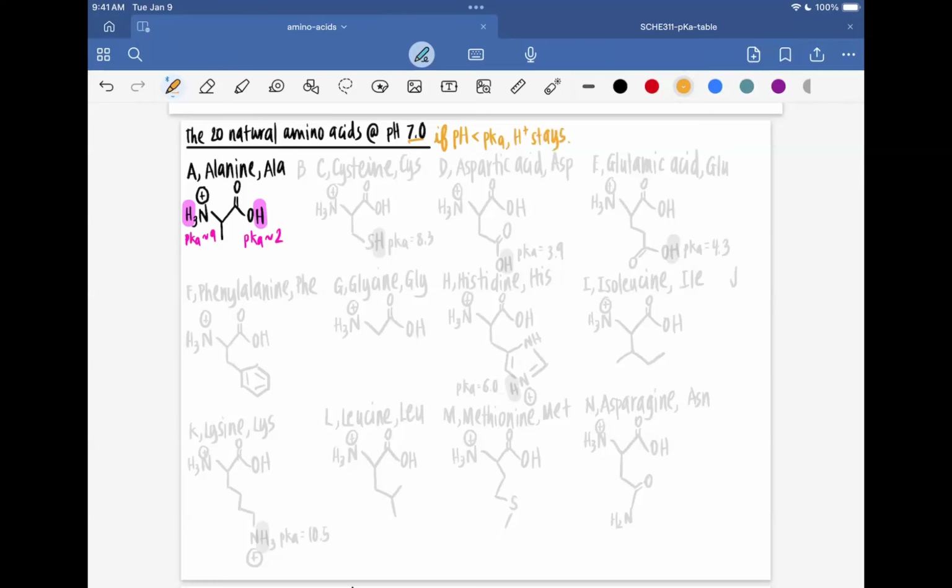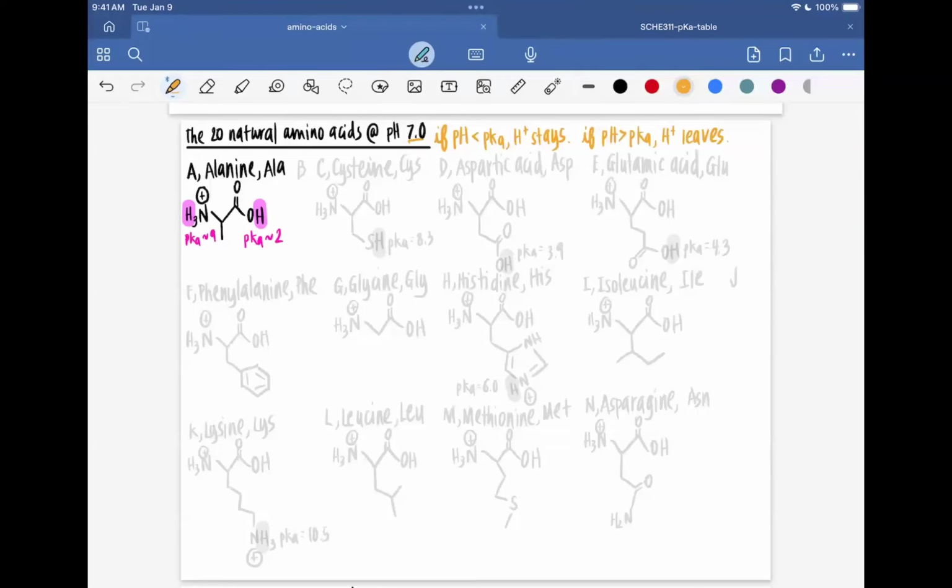On the other hand, if the pH is greater than the pKa of the ionizable proton in question, then the proton is going to leave.